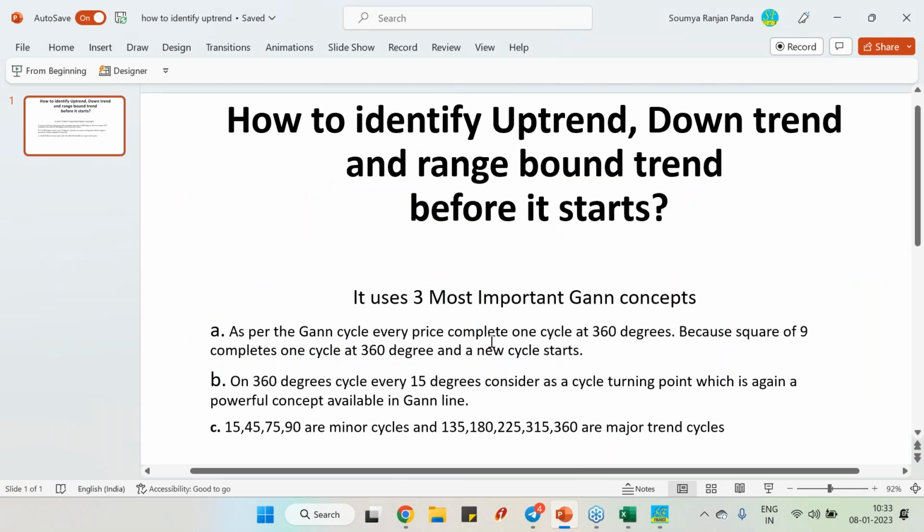Say it has gone up 20 points, now it has entered the uptrend. If it has gone only 10 points, it is still in the range bound trend. If it goes 50 points, I can say the minor trend has broken and it has gone to the major trend cycle. So now the move will be much faster. We'll be identifying uptrend, downtrend and range bound trend before it happens.